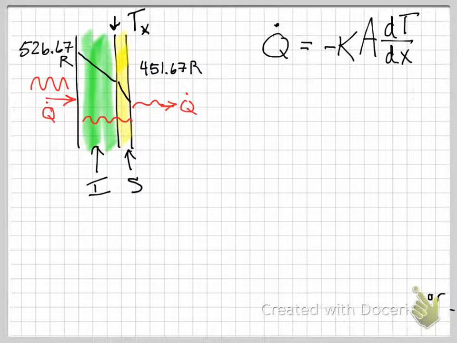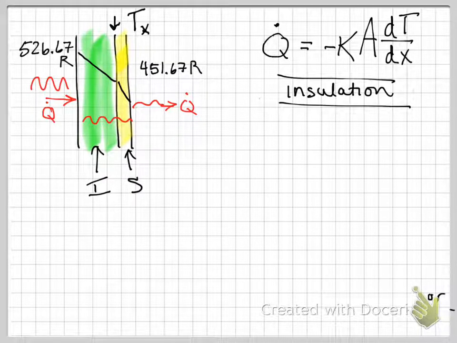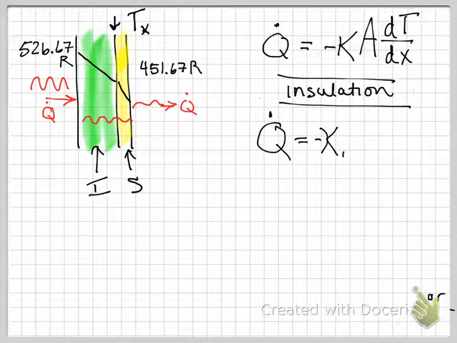So going through the insulation, Q dot is negative kappa for the insulation.